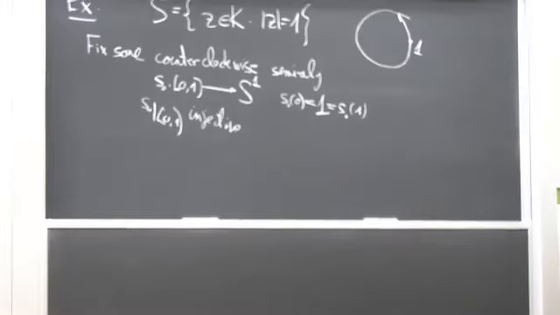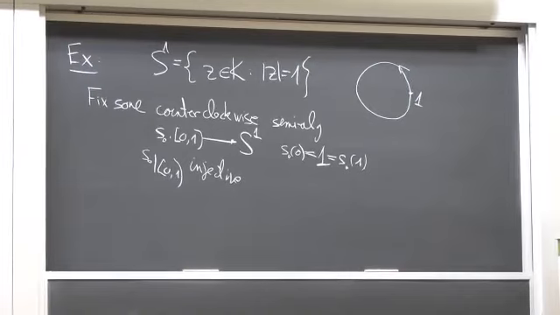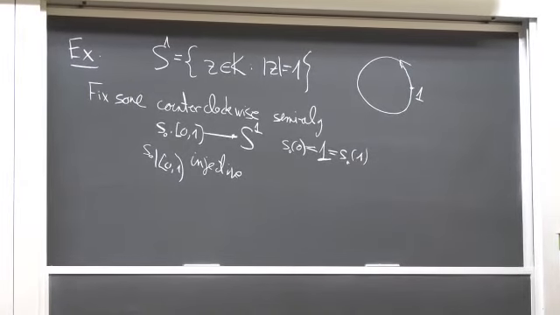Okay, and now the idea is to start on the left side, on the domain with a closed curve, take a map into S1 and try to count how many times it turns around S1.